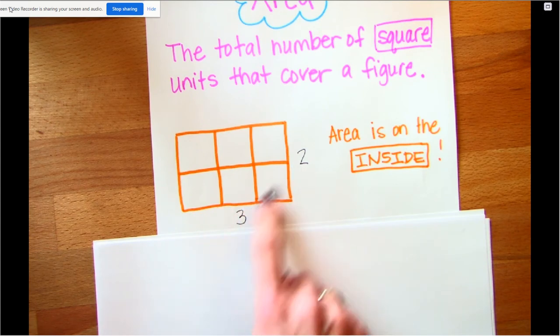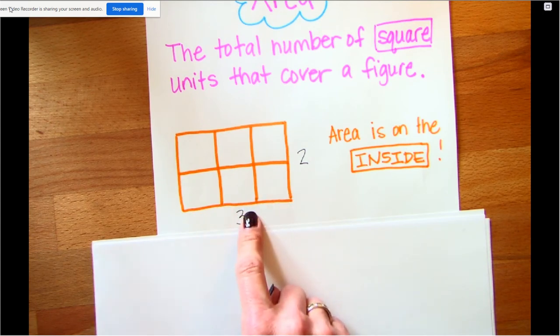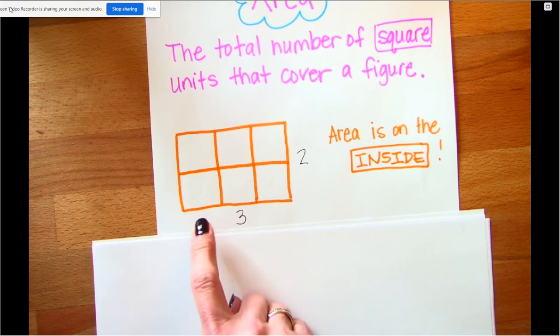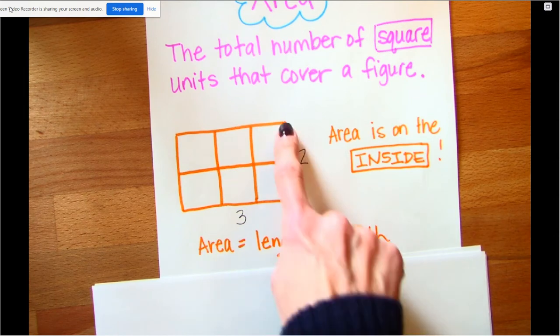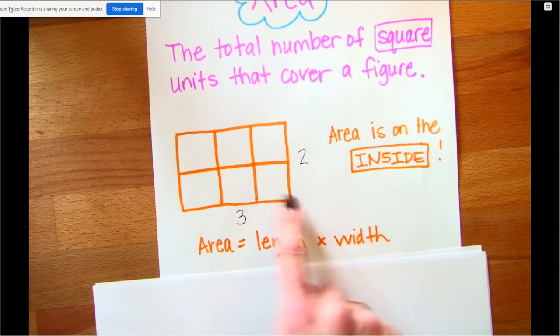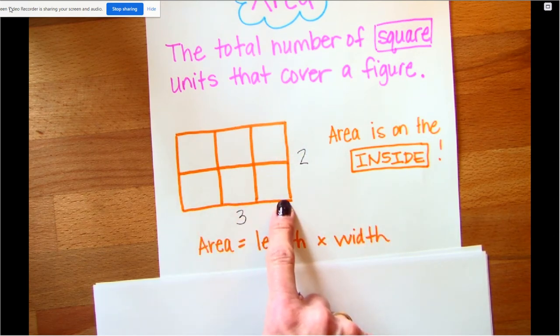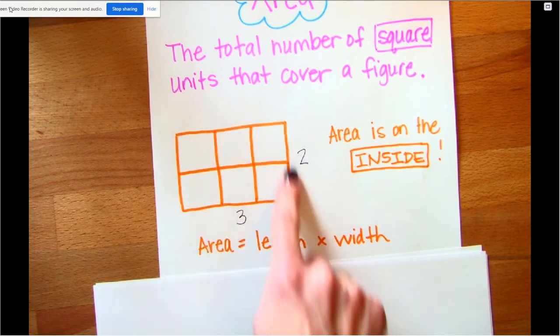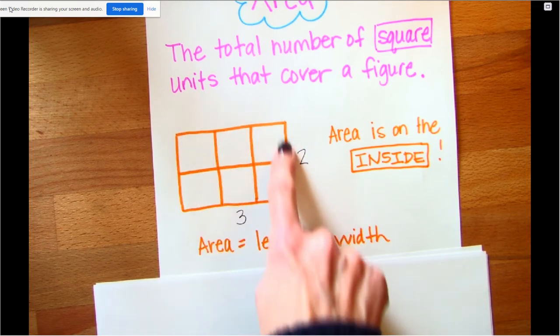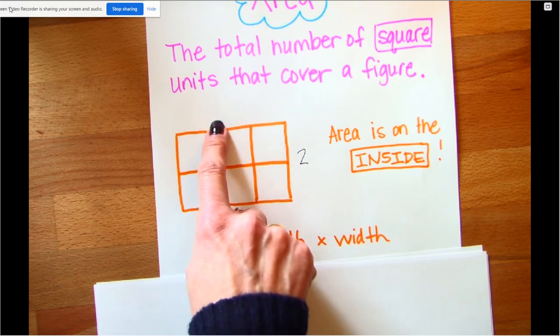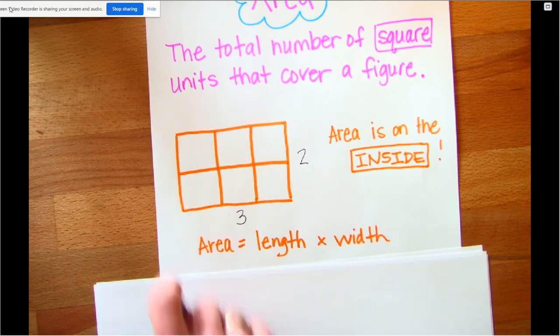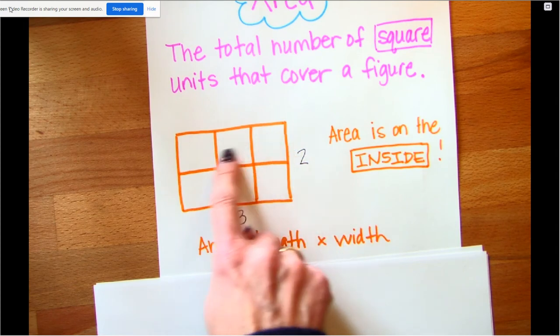So I can multiply those 2 numbers together to find the area, if it's too big and I can't count them all. So area is the length, how long something is, times the width, as long as this is a figure with the same number in each row. Sometimes we have extra ones sticking up. Then we can't do it. We would just count the squares. But it has to be equal groups.